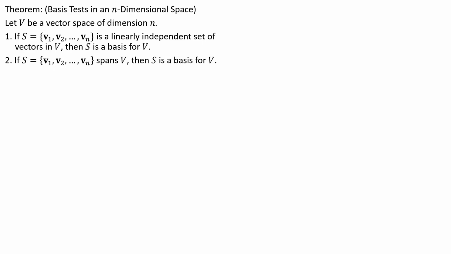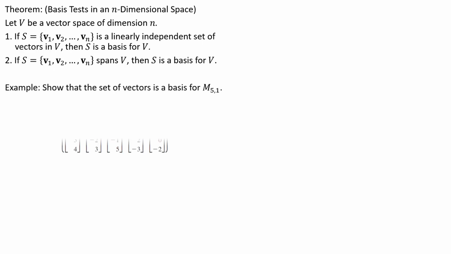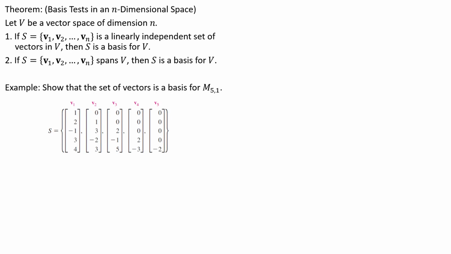Either you show that S is linearly independent or S spans V. So for example, show that the set of vectors is a basis for the 5 by 1 matrices. Okay, so we have the given S. Observe that this set S has 5 vectors, and we know that the dimension of M sub 5,1 is 5 times 1, which is equal to 5.